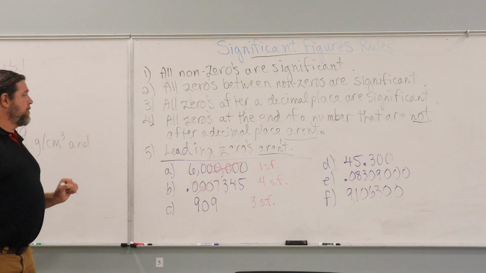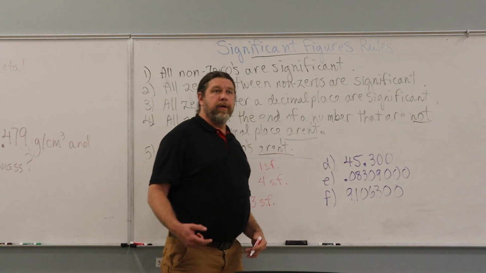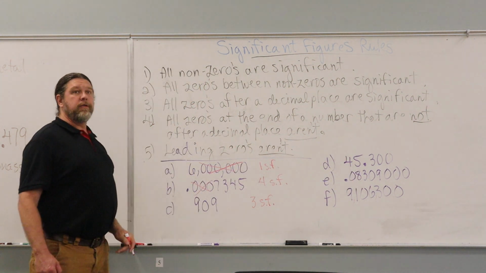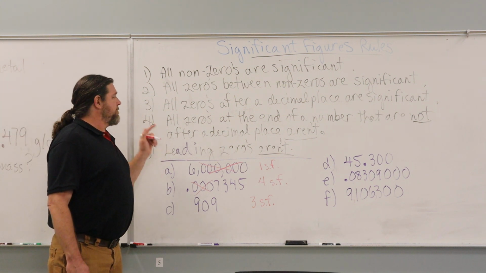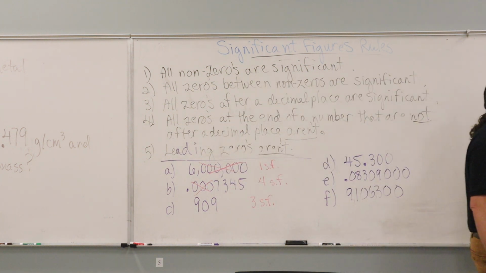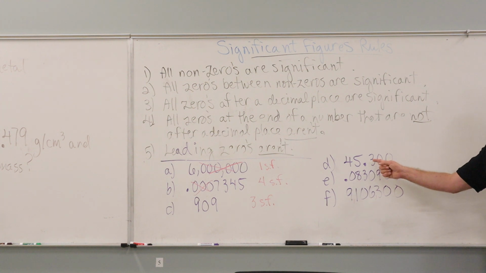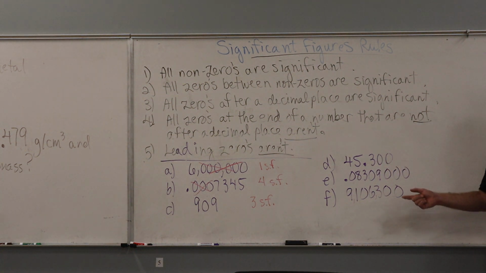Now we come on to D. We have a 4, 5, and 3. We assume because of rule 1 that these are all significant. But what about these trailing zeros? Well, they're after a decimal place. We assume that this is an actual reported value, that fractional value really reflects equipment that could measure to that 10,000th of a unit, whether that was mass, volume, or time.